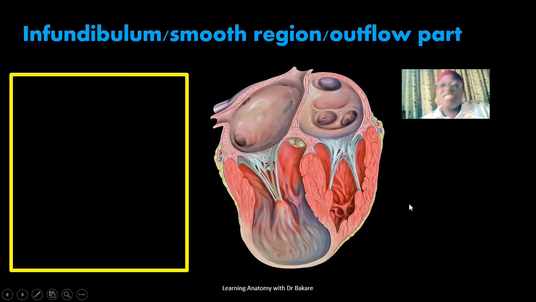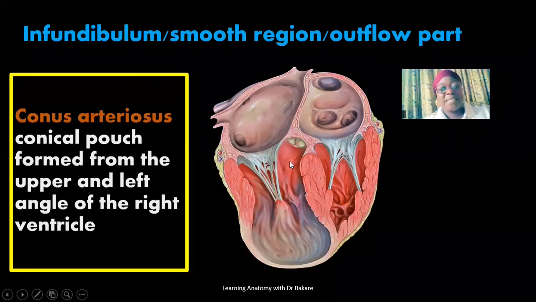And the next region is the infundibulum. The infundibulum is the smooth upper region of the right ventricle. It is seen at the upper left region of the right ventricle. This is the right region of the right ventricle, and this is the left region of the right ventricle. So the upper left region of the right ventricle is where the infundibulum is located. This is also referred to as the conus arteriosus.